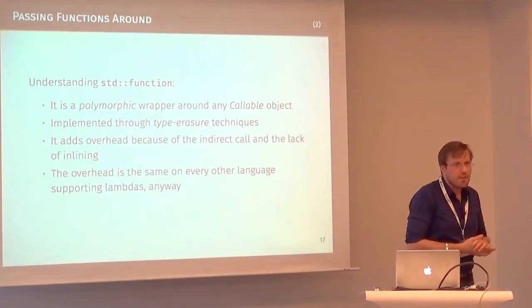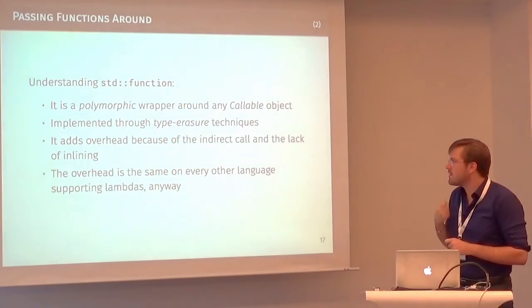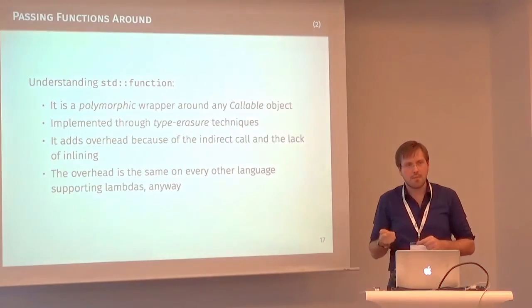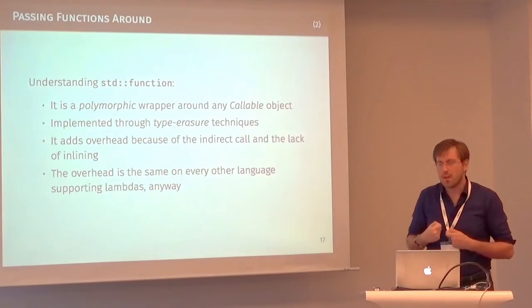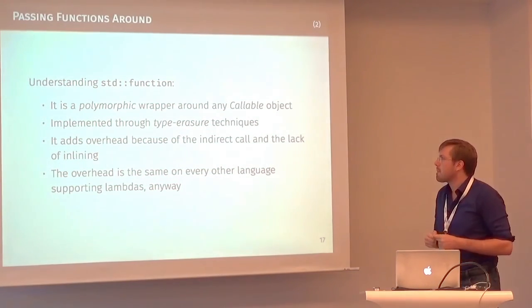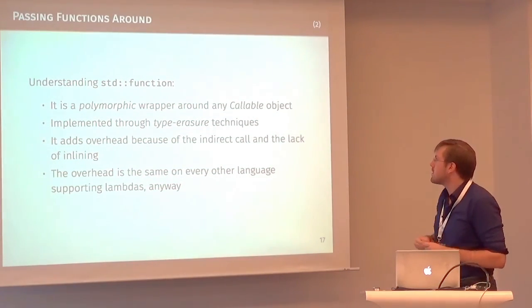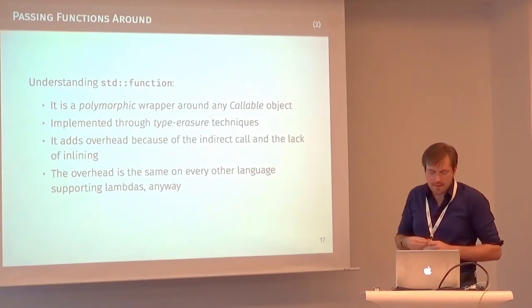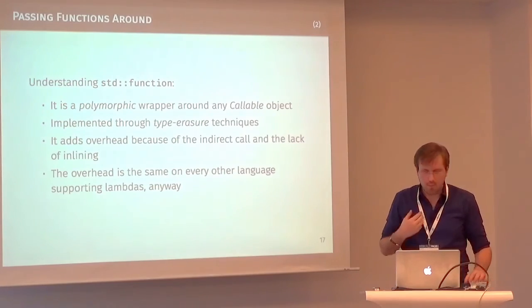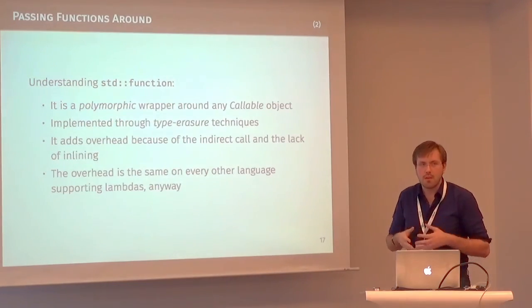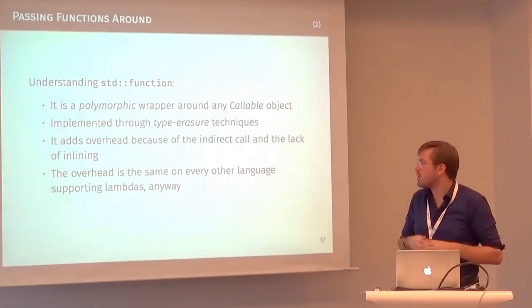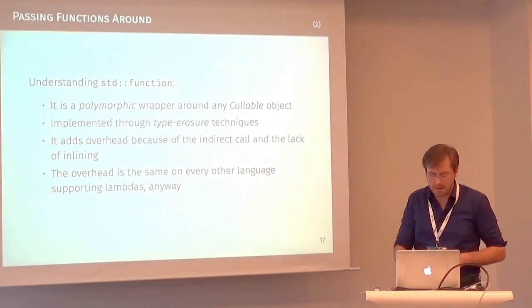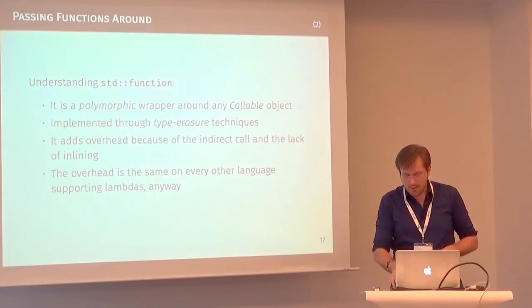It is a polymorphic wrapper, so it reintroduces the runtime indirection that we avoided, but this indirection is implemented through type erasure techniques. But this indirection, we have control over when to use it, over when we effectively need the overhead. So, as always, we don't pay for what we don't need, okay?